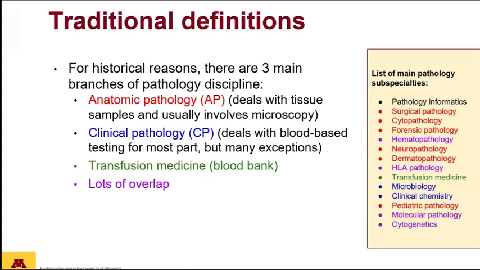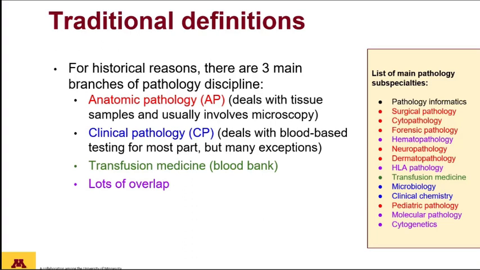Clinical pathology, it's not just the absence of anatomic pathology, but this has tended to be used as a larger kind of bucket for anything that AP technically doesn't fit. It's a wide array of disciplines that, for the most part, has dealt with fluid-based samples, and the classical disciplines that squarely fall into CP are clinical chemistry, microbiology, and transfusion medicine, which is really a separate specialty and won't talk as much about today, but that has fallen more into the CP category due to the blood samples part.